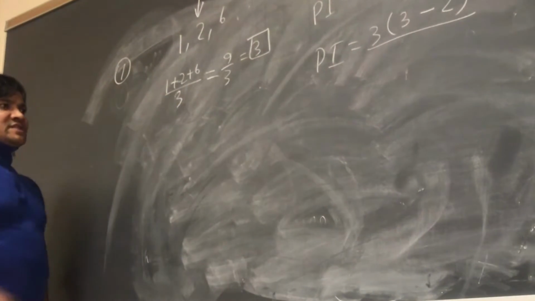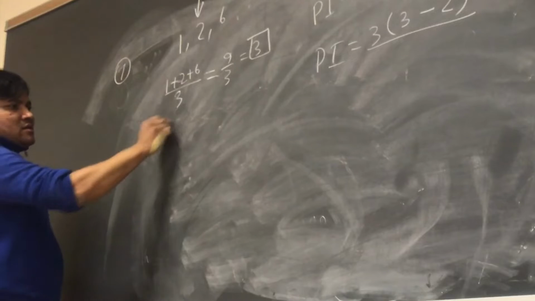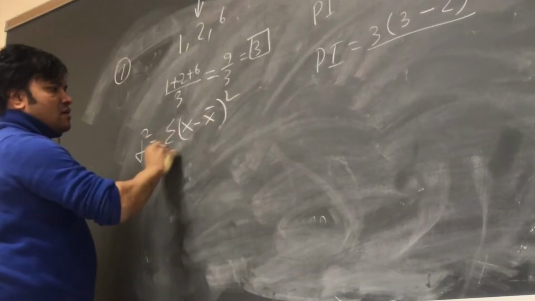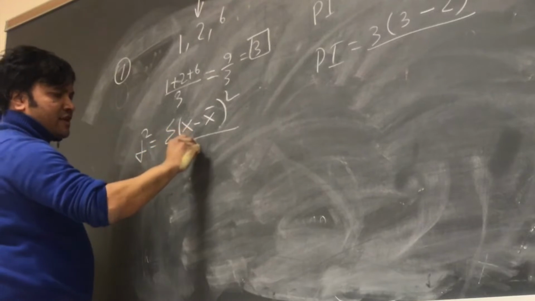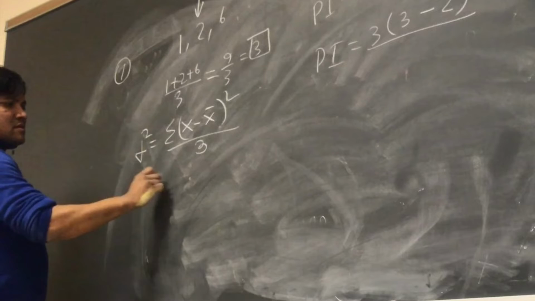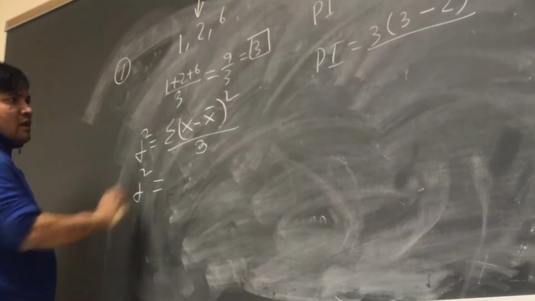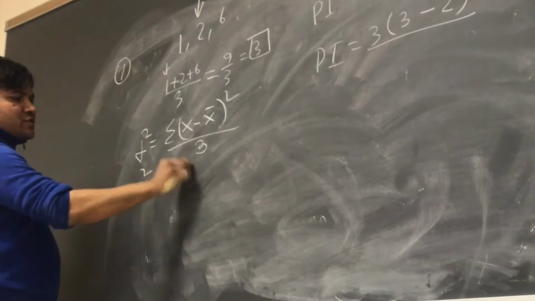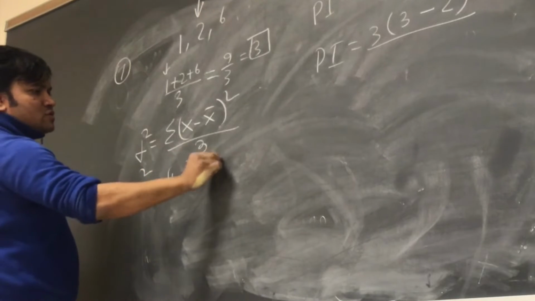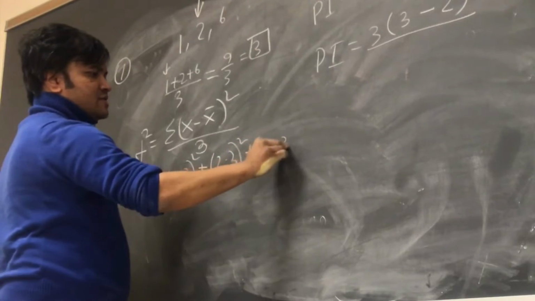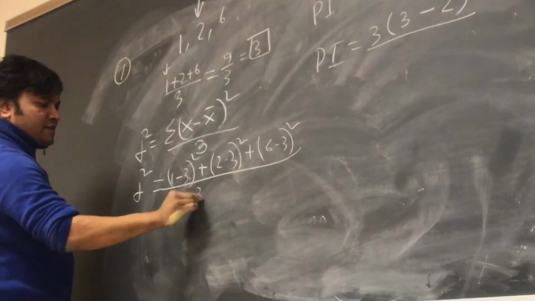The standard deviation is the square root of the sum of x minus mean squared, over 3, because it's a population.